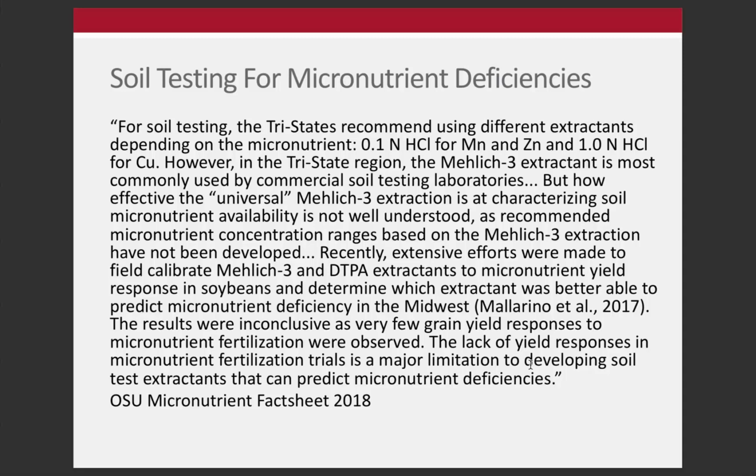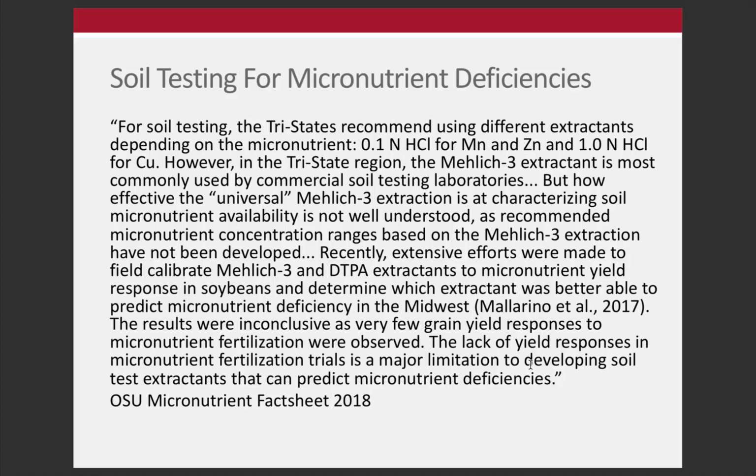Well, we've already talked about how we've moved from two extractants, Bray P and ammonium acetate, so two extractants to get P and extractable potassium, and moved to one, Mehlich-3. Well, this represents potentially a third different extractant that you would use for micronutrients.